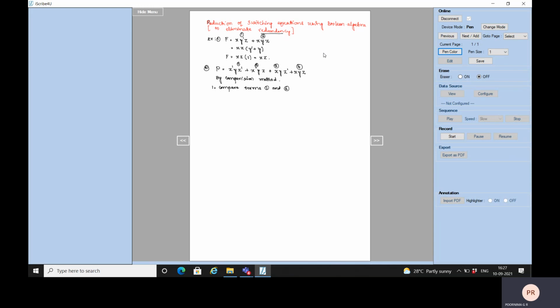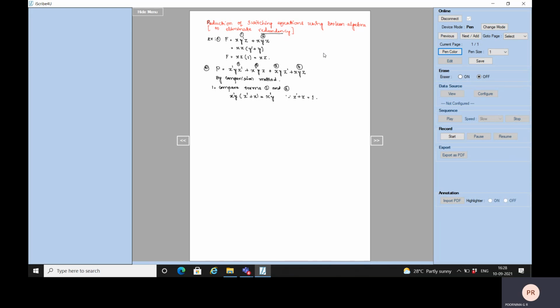When the first term and the second term are compared, x bar y is a common factor, whereas z bar and z are the uncommon variables between both terms. So the output will be x bar y after applying the Boolean law, because the Boolean law says that z bar when ORed with z, always the value will be equal to 1.